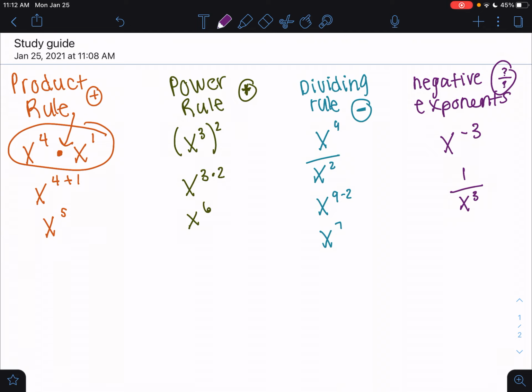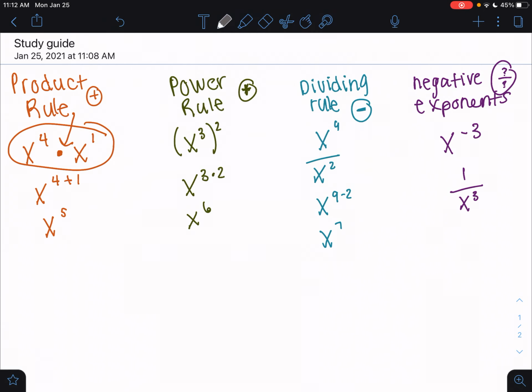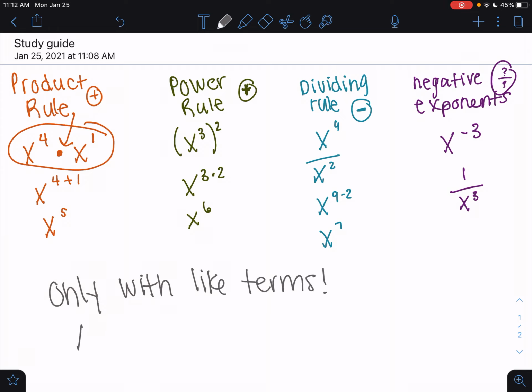So those are the rules that are most important to remember. And the most important thing as well to remember with all of this is that it is only with like terms. So that means like x's and x's can be combined, and y's and y's.